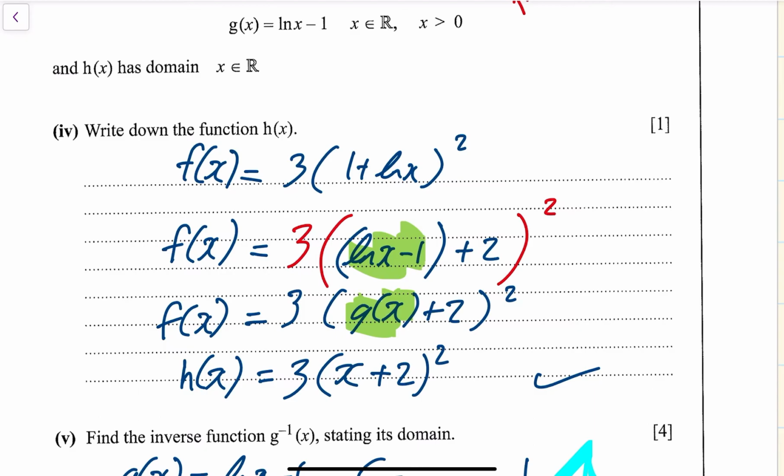My h of x then, remember f of x was equal to h of g of x. So what is this h doing to the g of x? It's taking it, adding 2 to it, then squaring it, and then multiplying it by 3. So that's what your h of x is. For 1 mark, trust me, very few people are going to get that 1 mark. That's going to be very, very tough.